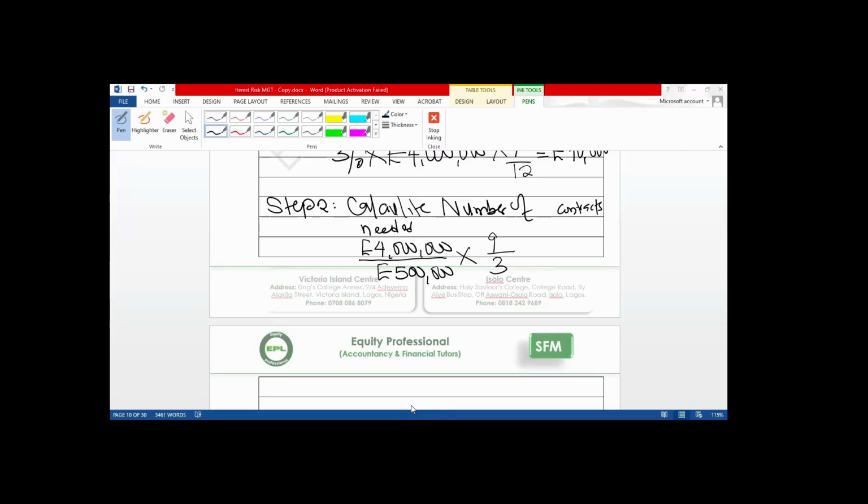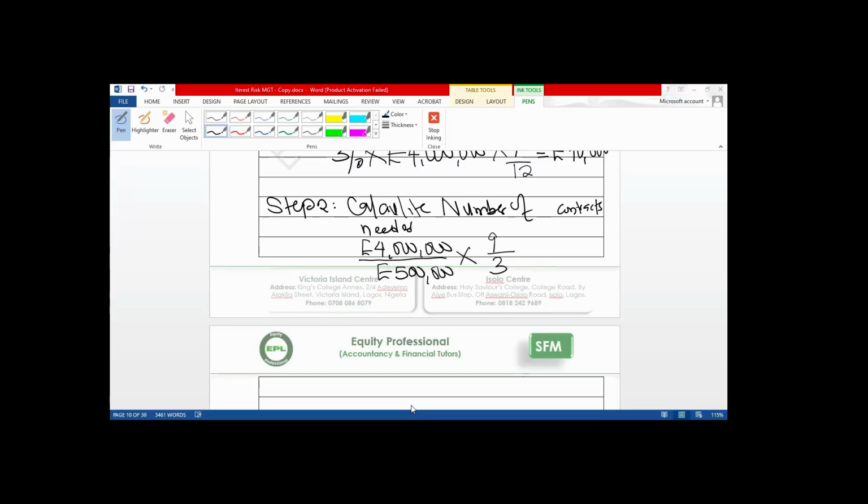Calculate number of contracts needed. To do this, the amount of loan, the amount you plan to borrow, divided by the contract size, multiplied by the length of your borrowing. You are planning to borrow for 9 months, divided by 3.